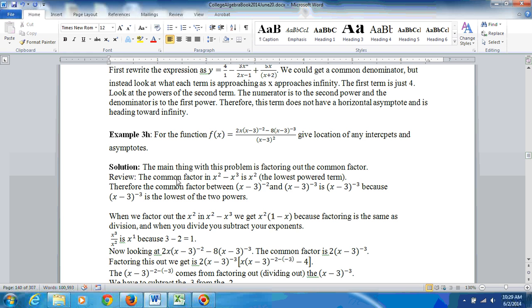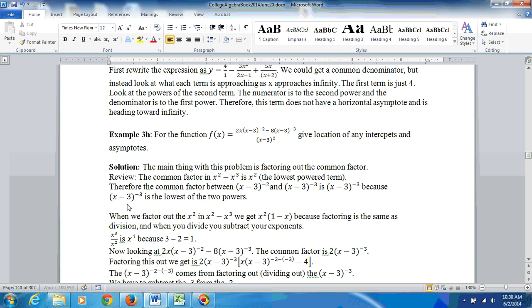look at this review problem here. You said factor x squared minus x cubed. Common factor is x squared, the lowest powered term. Well, the lowest powered term with x minus 3 to the negative 2 and x minus 3 to the negative third, the lowest power on those is negative 3.